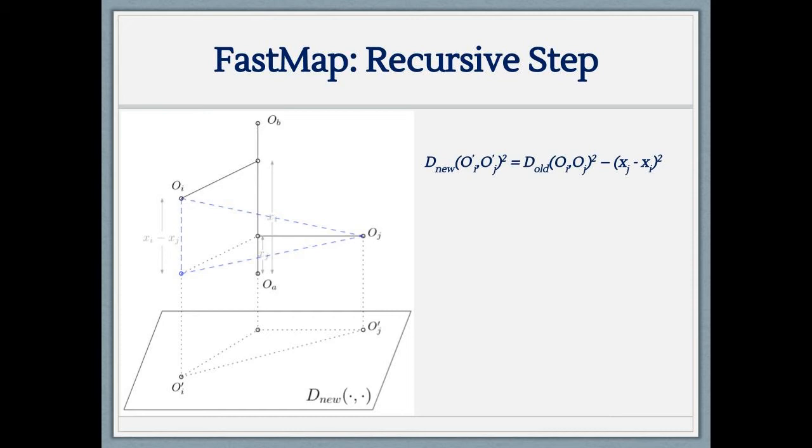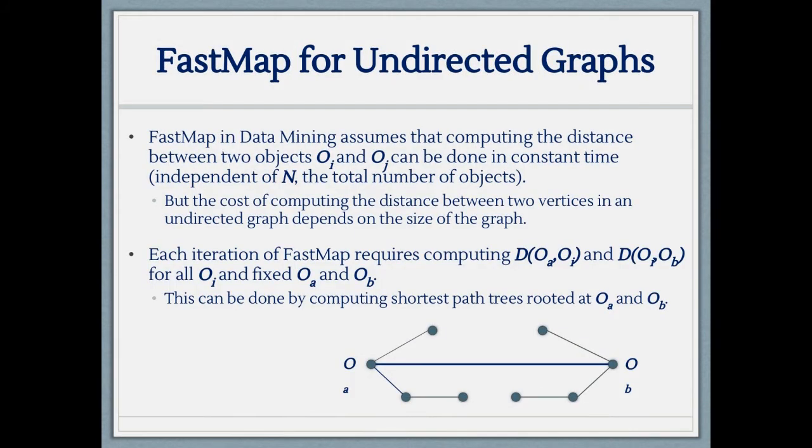FastMap was then adapted for undirected graphs in the following way. The challenge in graphs is that pairwise distances are not computable in constant time. It's a function of graph size, but all is not lost.